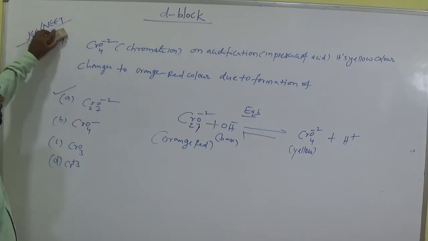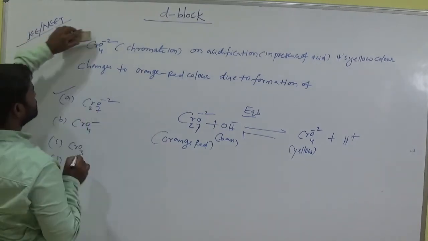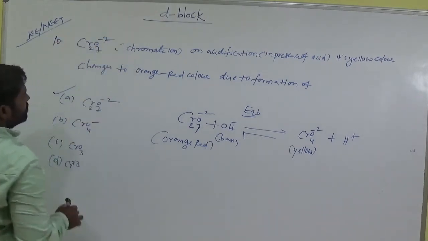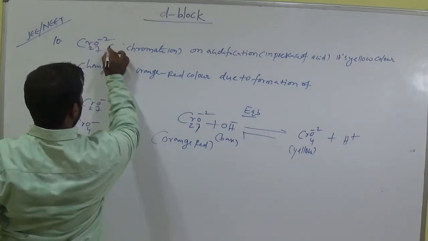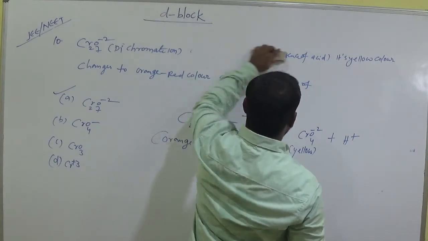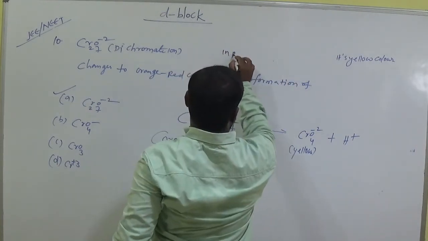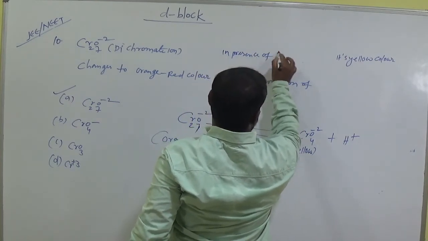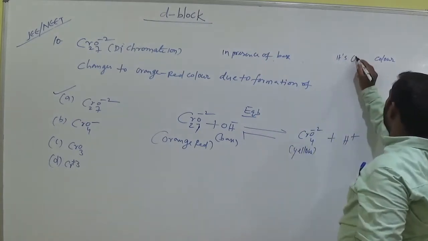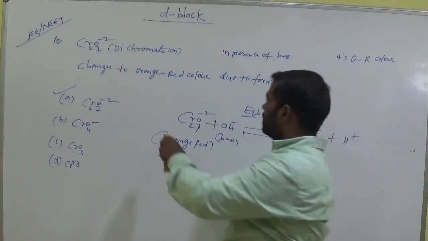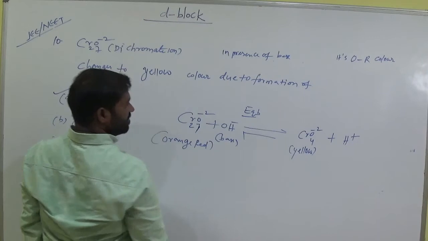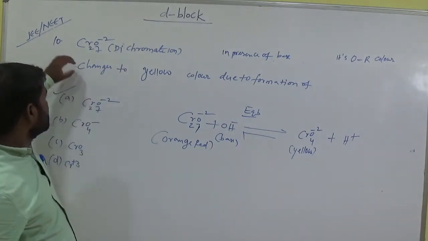Okay, so the same question. Mark this one. And next question: Cr2O7 minus 2, that is dichromate ion, in presence of base, its orange red color changes to yellow color due to formation of which ion?